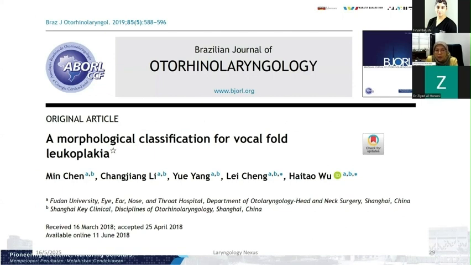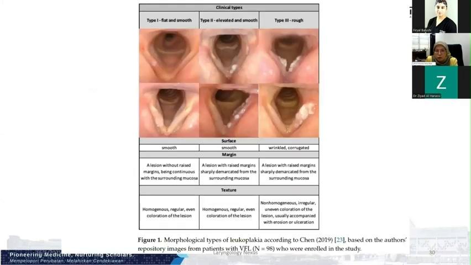So there is a paper published by this group of authors, Chen et al., a morphological classification of vocal fold leukoplakia, in which just by looking at the nature of the leukoplakia, it will tell you the urgency of biopsy and getting diagnosis for the patient.